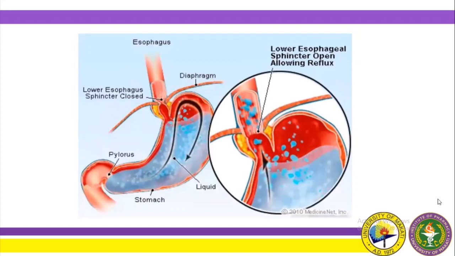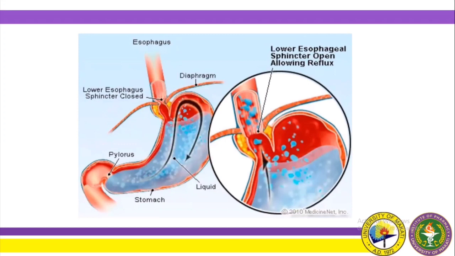So for the pathophysiology, when we swallow, food passes down through our throat and esophagus, or food tube, to our stomach. And a muscle called the lower esophageal sphincter controls the opening between the esophagus and the stomach.